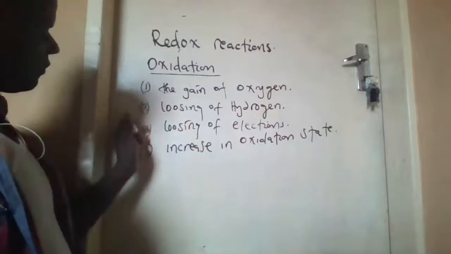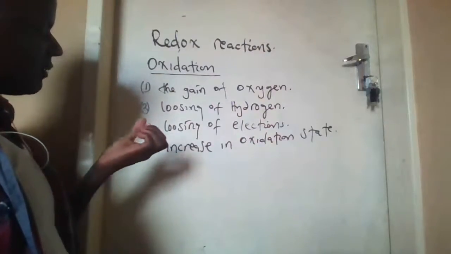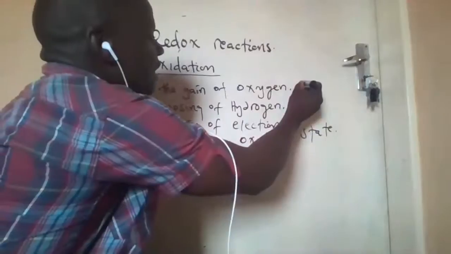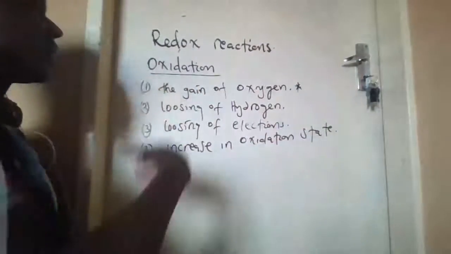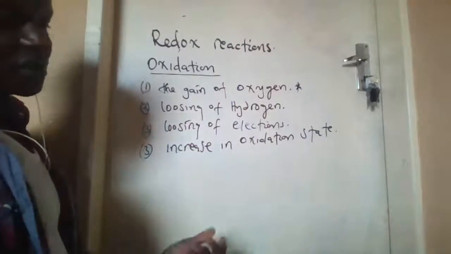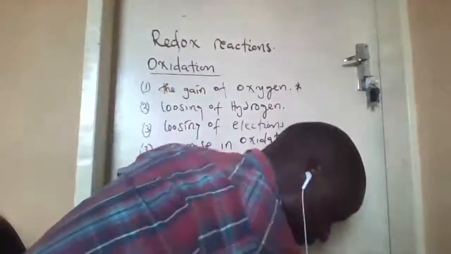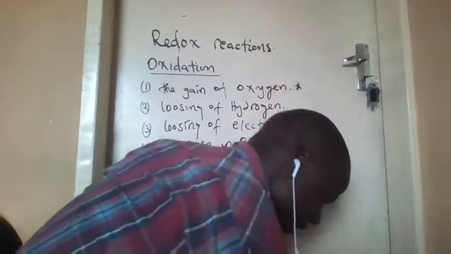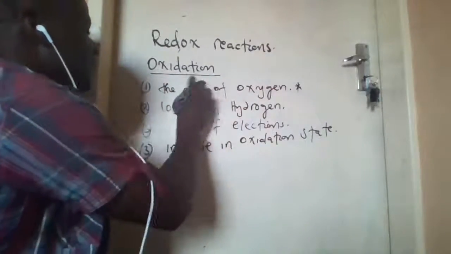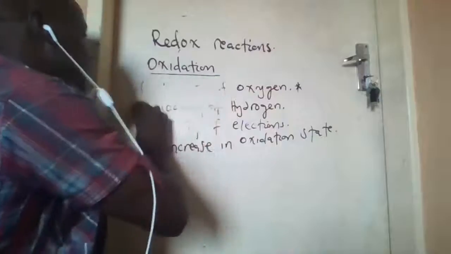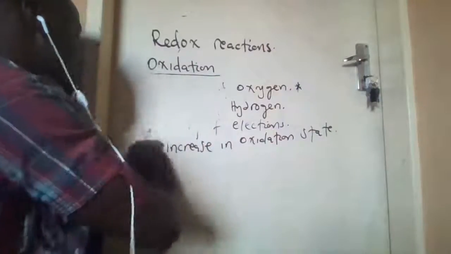Because of these four ways in which oxidation can be defined, I'll be mentioning them one after the other, with examples of how we can tell that indeed this is oxidation. Four things, do not forget them. One, the gaining of oxygen by a chemical species.